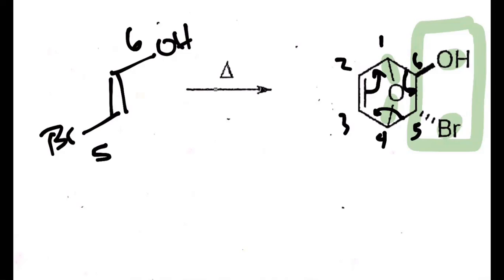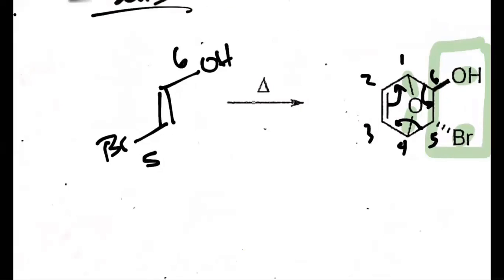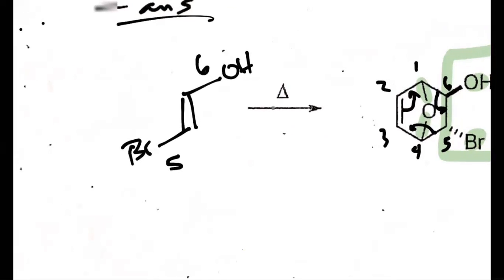Stereospecific. Exactly. All right. So that's my dienophile. What does my diene look like? I'm going to put the oxygen in. So the oxygen didn't go anywhere, right? And it's still connected to 1 and 4. Is that right?